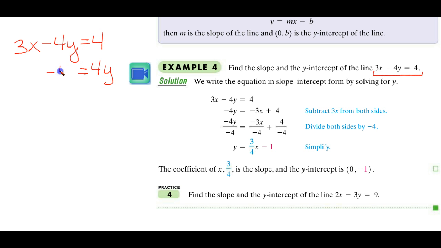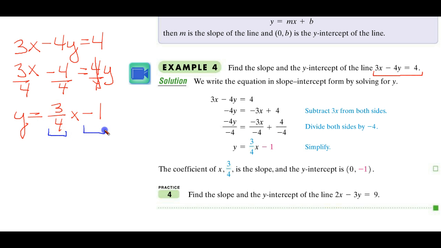Transpose this 4 to this side, and then I get 3x. Stays there. Now I divide each term by 4, and then I can write it in its usual form. Y equals, because these cancel out, 3/4 x minus 1. So now my slope is 3/4, and my y-intercept is -1. And again, we often write the -1 this way.